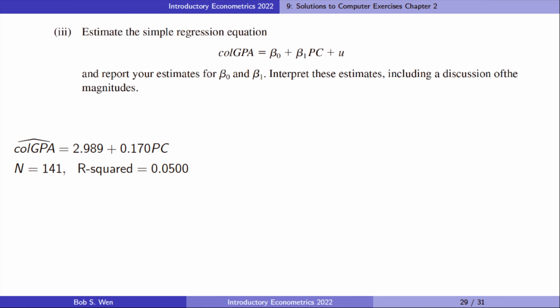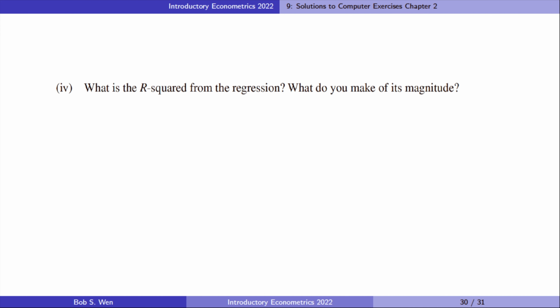In other words, the predicted GPA for the students with PC is 3.0 plus 0.17. That is 3.17 on average. Both estimates are significantly different from 0 at the 1% level.